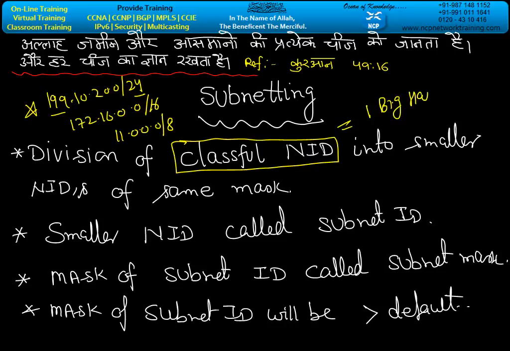Hall and mall. Mall is bigger, hall is smaller. For example, a classful NID is equal to one big hall, and you want to convert that big hall into smaller shops.